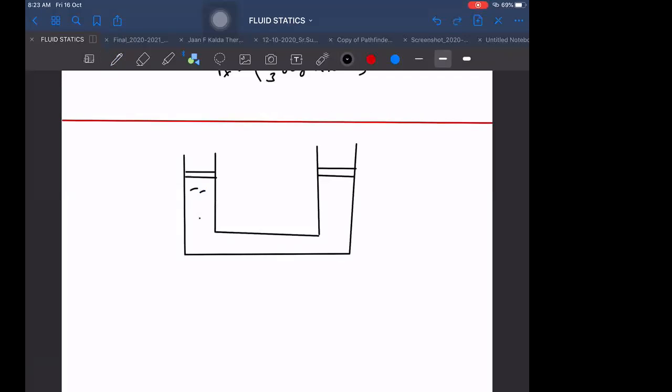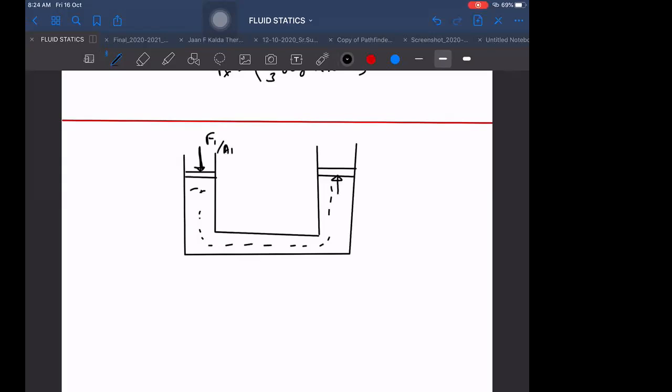In a closed vessel, Pascal's law stated that if I increase pressure on one side by a certain amount, then that increase in pressure will be transferred throughout the closed volume, without decreasing even slightly. If I increase pressure here by F1 by A1, then the same pressure will be increased on this side also.